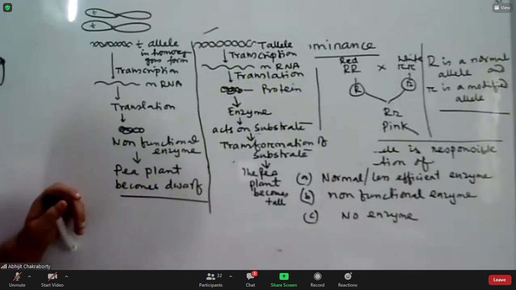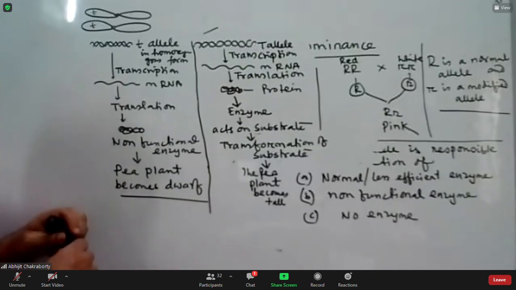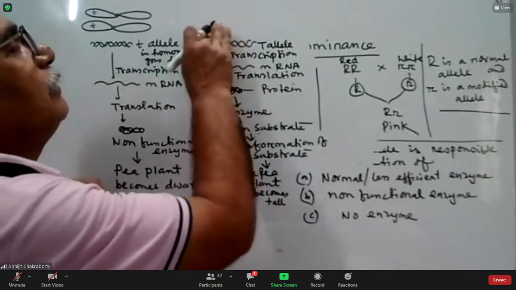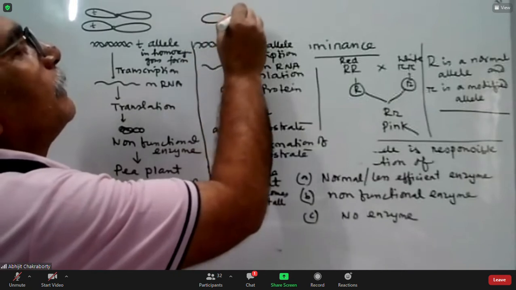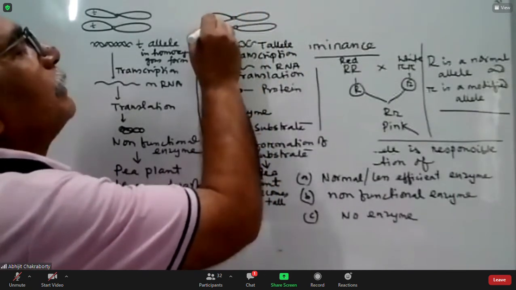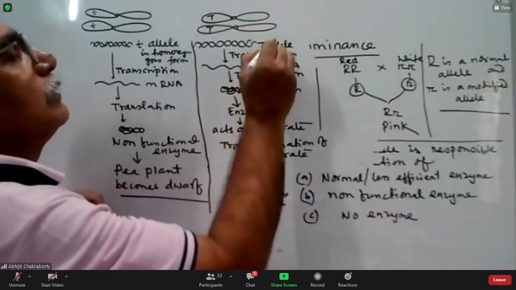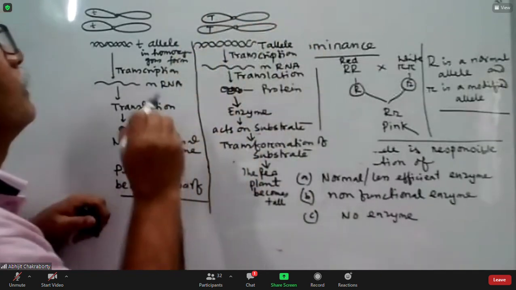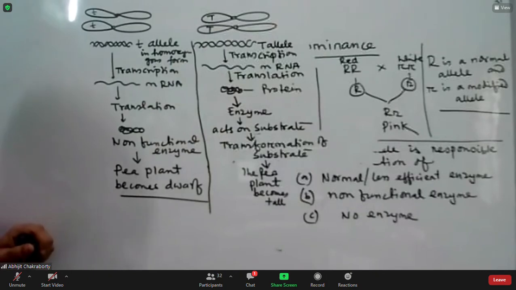Now what is shown here, basically, is the homozygous condition. Capital T, capital T. Please note it down. It is in homozygous form. It is in small t in homozygous form. It is shown.